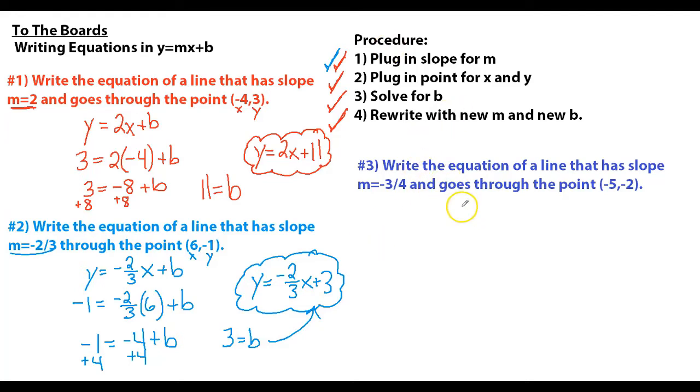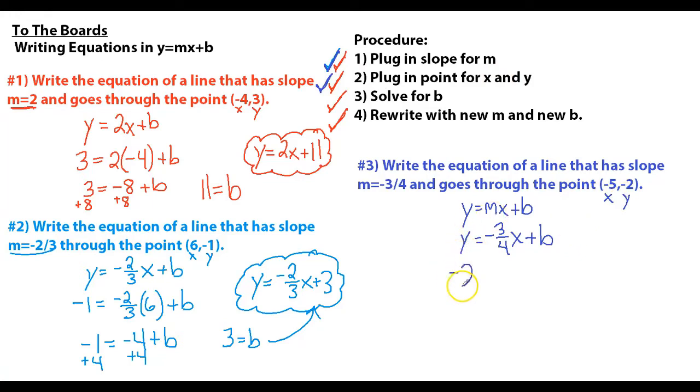Okay, question number 3. Again, we're going to start with y equals mx plus b, but I'm not going to write the m. I need to plug the slope in for m. So y equals -3/4 x plus b. Good. My next step is to take the x and the y, and plug it in.